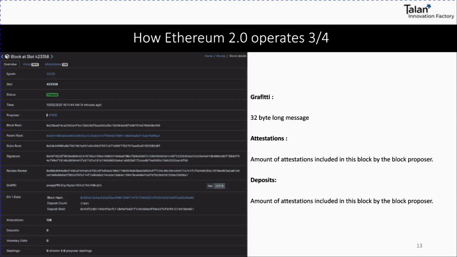So if we consider this a block, then we need to know exactly to what epoch it belongs, the slot to which it belongs, and we have the status, because each block has a status, and you will see exactly what we mean by status of a block. And other attributes like graffiti, which is just random data that you can add, attestations, which are the votes of the validators, and deposits, which is the amount of attestations included in this block.